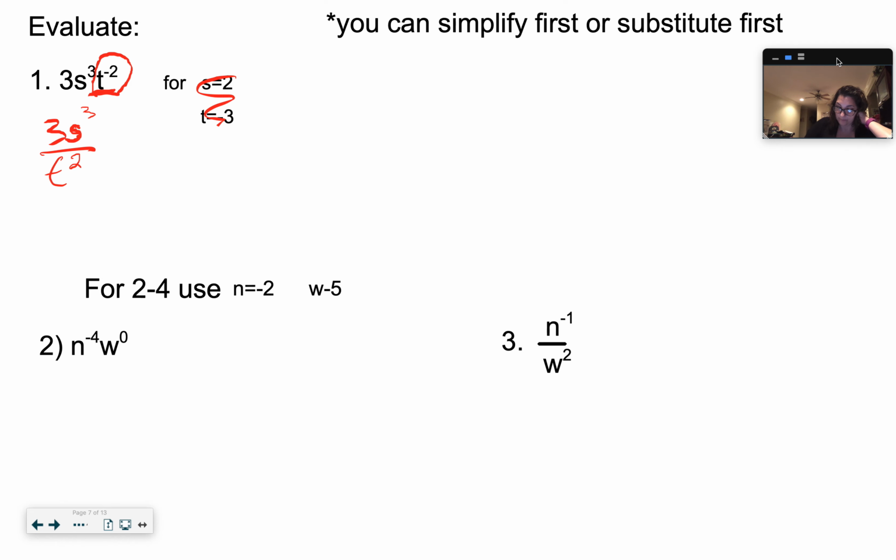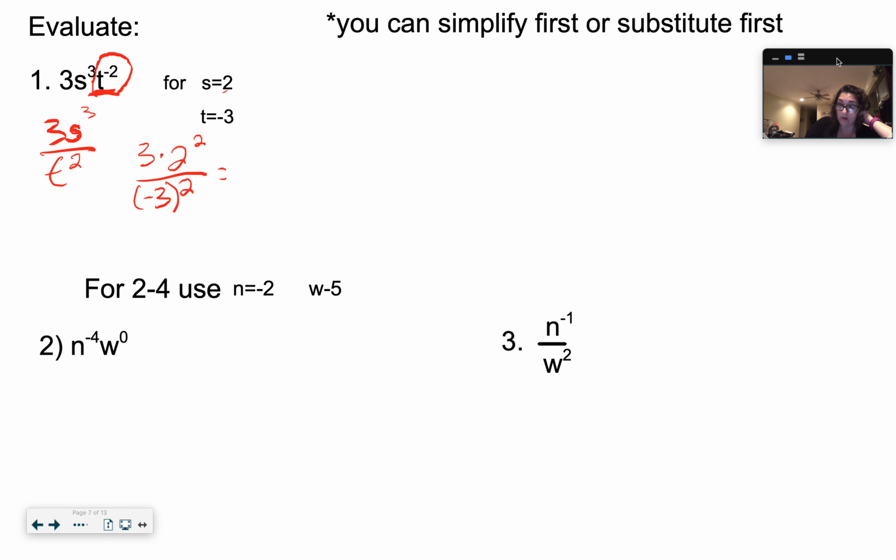All right, so now I'm going to see what I'm going to substitute in. So I've got 3 times 2 squared over my t is negative, so I'm going to put parentheses around it, negative 3 squared. Don't forget your parentheses, okay?